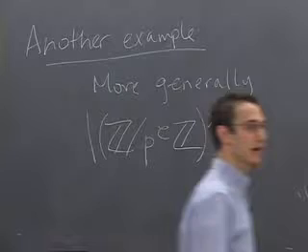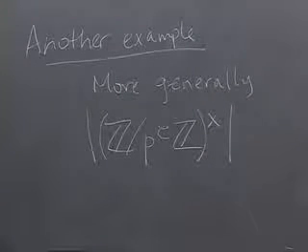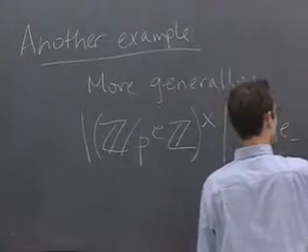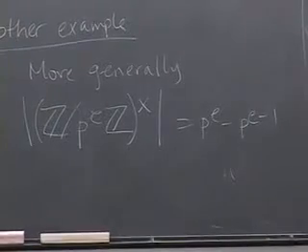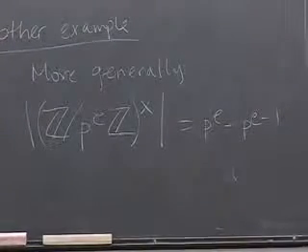Any takers? It's p raised to e minus p raised to e minus 1. Why? So the answer he gave is p to the e minus p to the e minus 1.